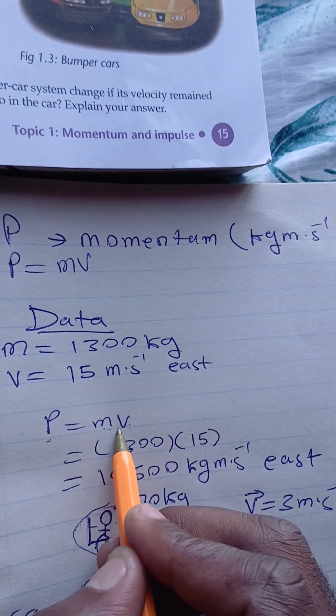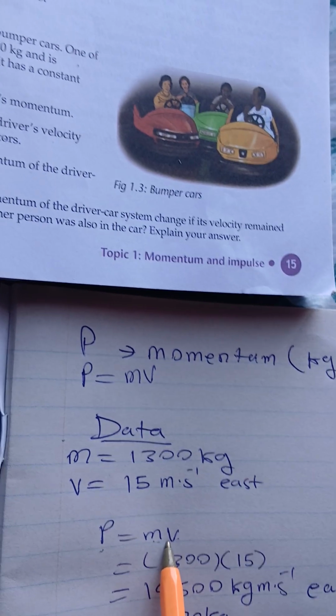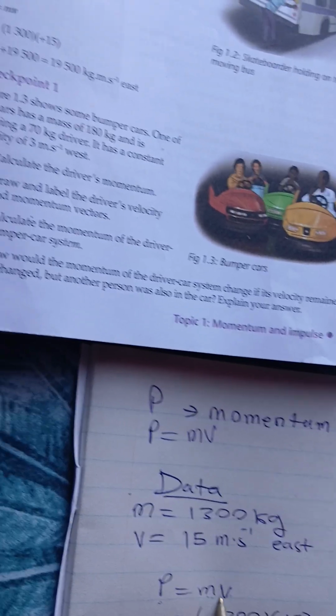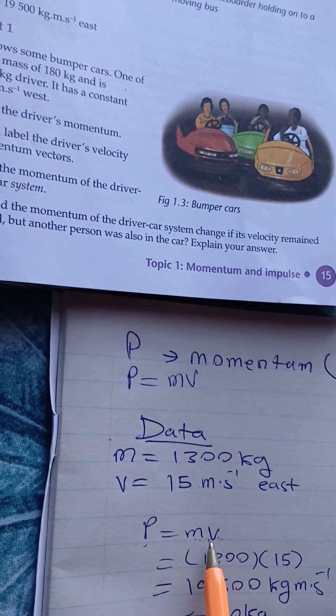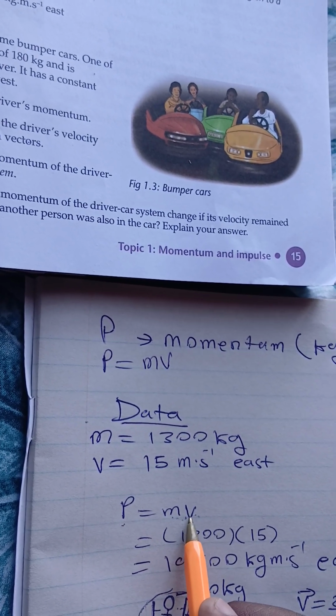The velocity remains the same, but they add another person, meaning they increase the mass.